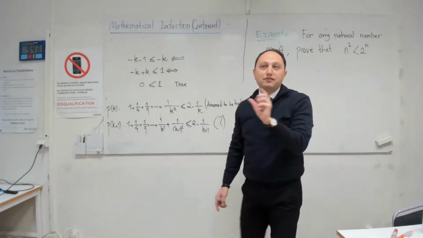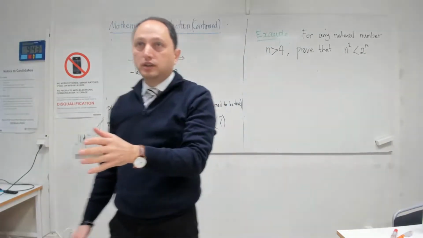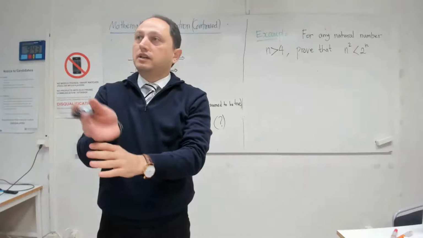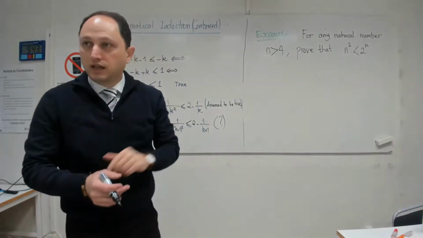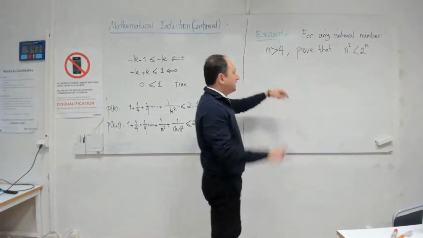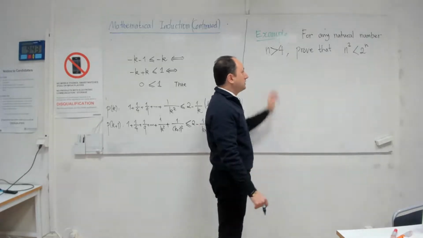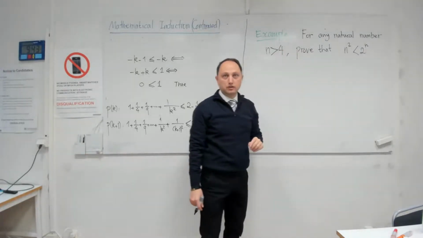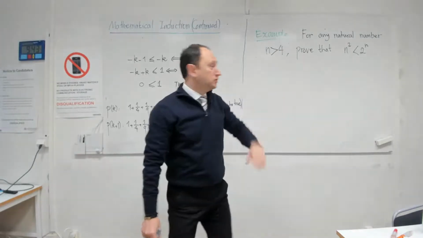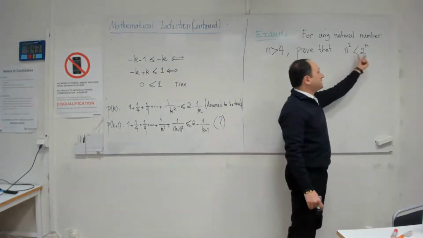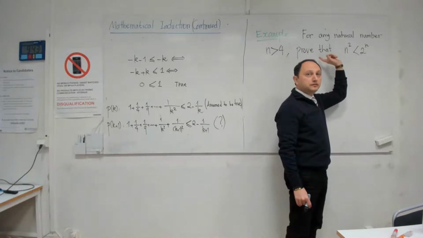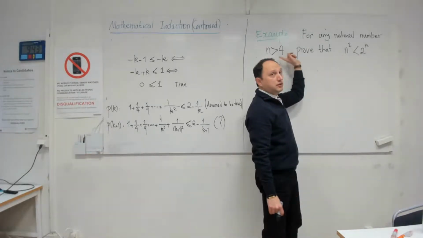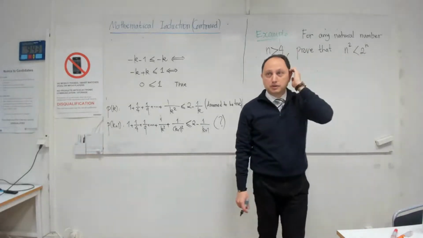So you see that even though P1 was true, I was not able to conclude that the other ones are true. But this is claiming that this chaos will not happen if I just look at numbers greater than 4. It means that it will continue to follow this pattern from number 5 actually, and greater than 4 means starting from 5.